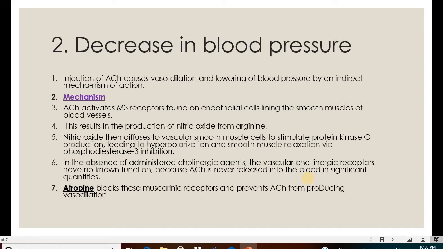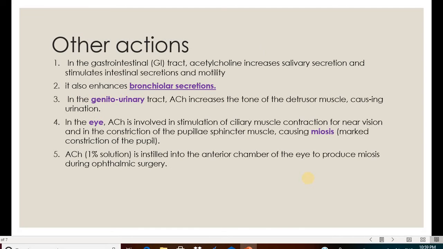This nitric oxide diffuses to the vascular smooth muscle cells to stimulate protein kinase G, leading to hyperpolarization and smooth muscle relaxation by phosphodiesterase 3 inhibition. So ultimately when the nitric oxide is produced, it is responsible for causing the vasodilation by producing some kind of secondary messengers. So this is the mechanism how the acetylcholine decreases the blood pressure.